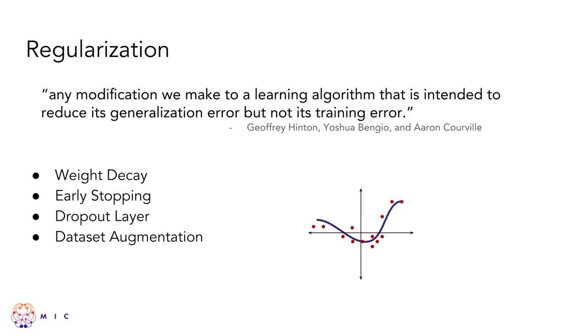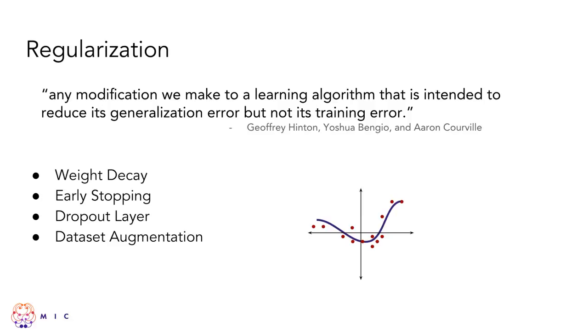Recall earlier how we talked about overfitting, how if you continue to train a model, you will start to overtrain. It will start to memorize your data. What regularization proposes is that it's okay if we sacrifice some training accuracy for the sake of improving our performance in terms of generalization.